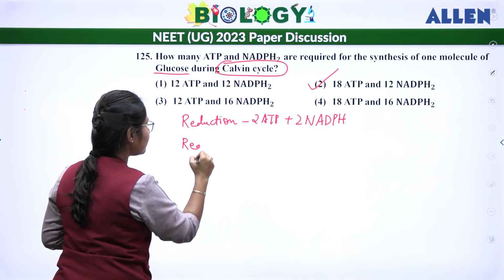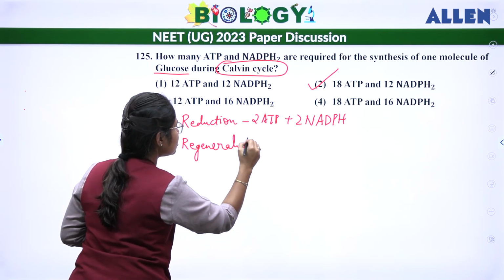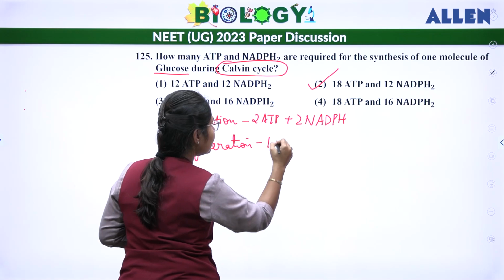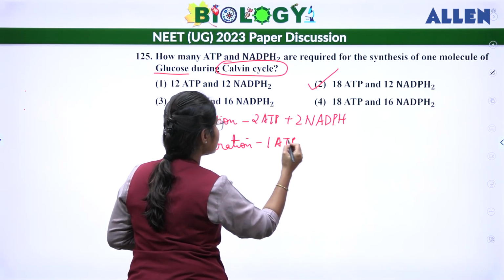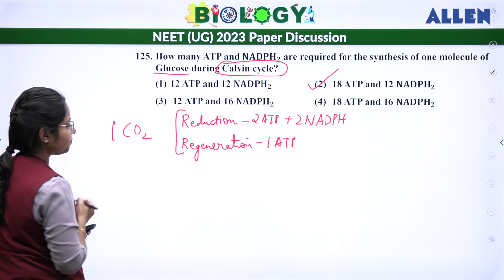During the regeneration step, it uses 1 ATP.